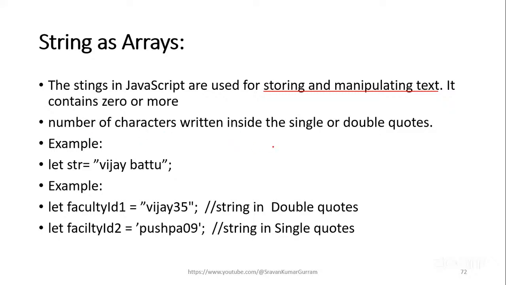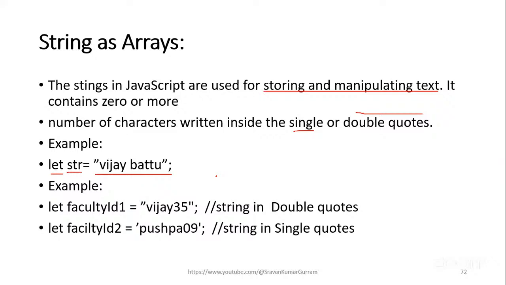The number of characters written inside single quotes or double quotation marks is considered a string constant. For example, let variable name, assignment, and the string value within double quotation marks. We can write any name, of course, anything is valid.